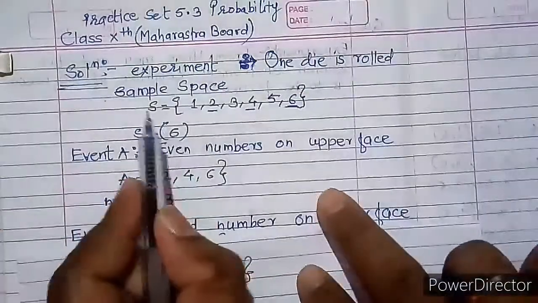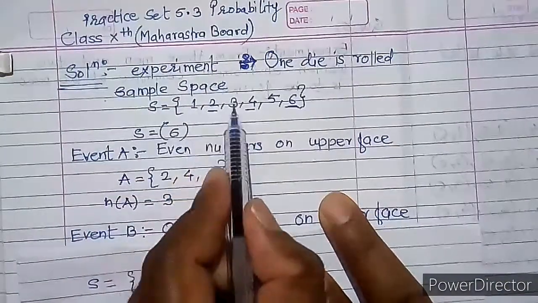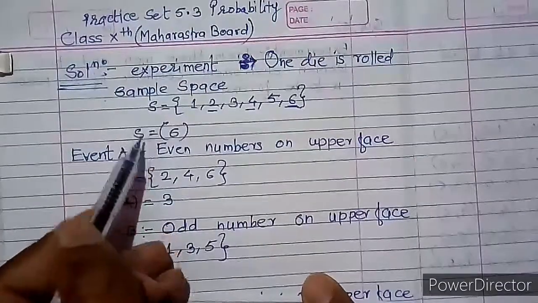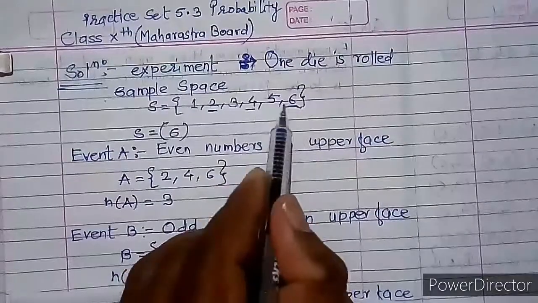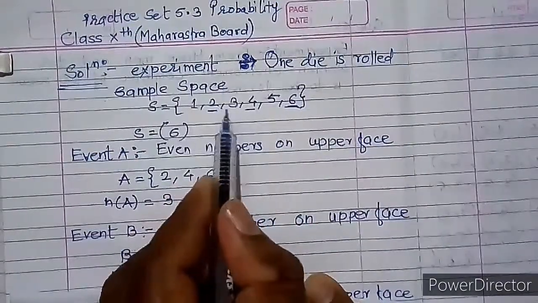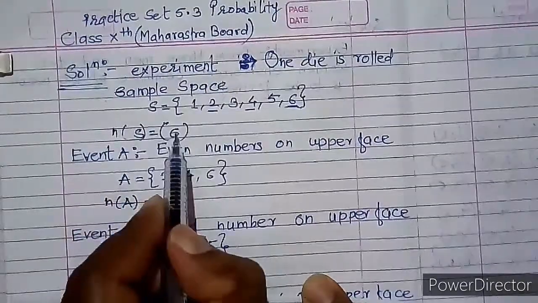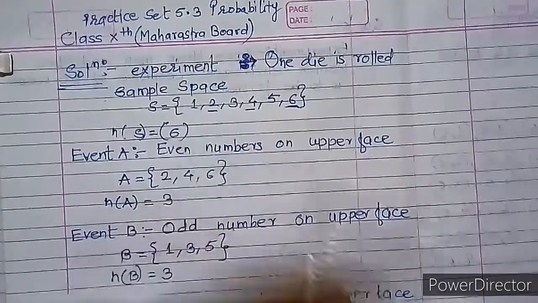That's why we have written the sample space S equals 1 2 3 4 5 and 6. 6 elements are included in the sample space. That's why n of S equals 6.